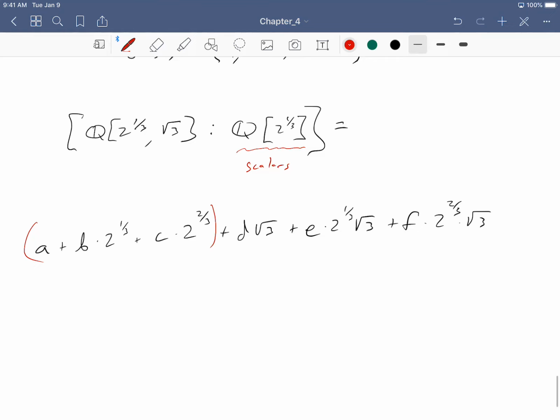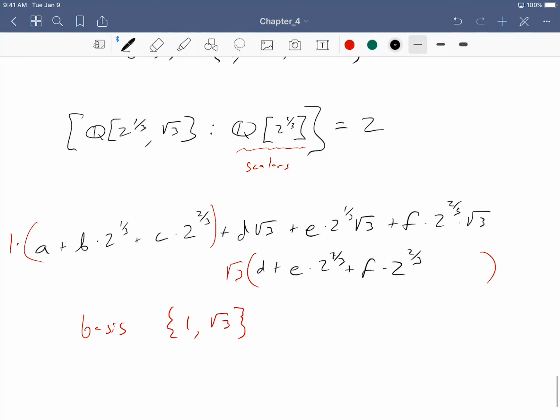And notice if we factor out a root 3 from this whole string that's left, then we'll have another element from Q adjoin 2 to the 1/3. It looks like that. And so our basis vectors are the 1 and the root 3. So our basis here is just 1 and root 3. And so our degree of this field extension is 2.